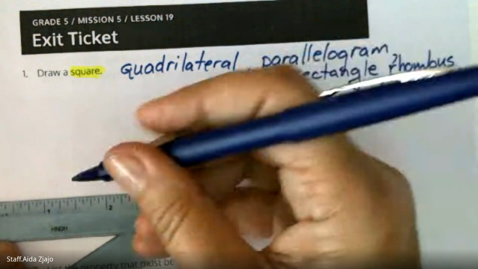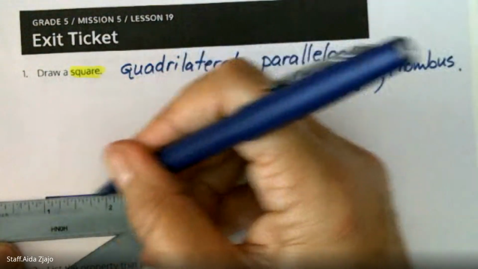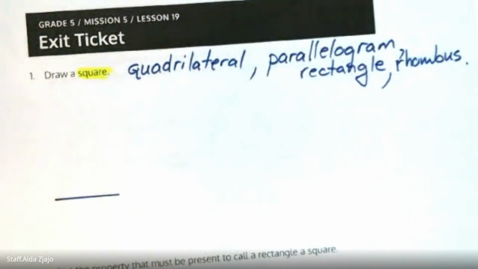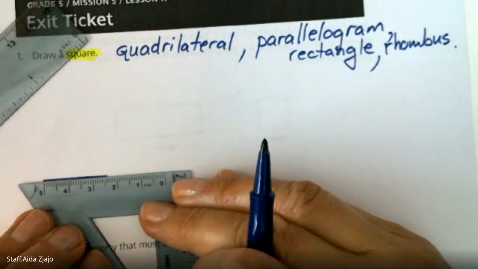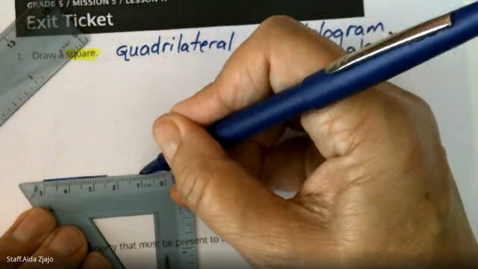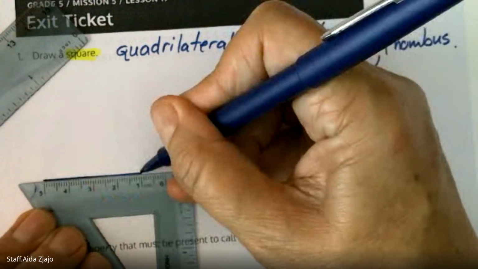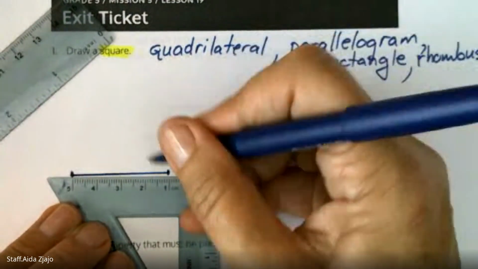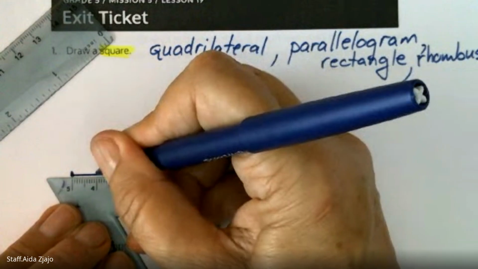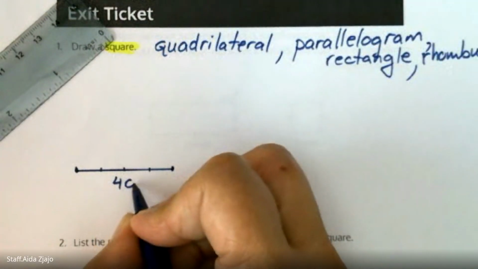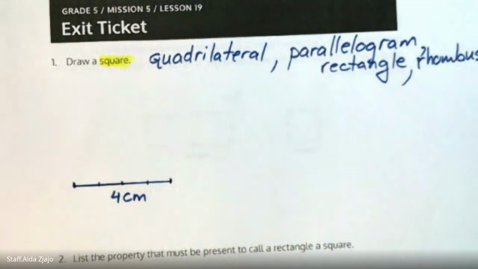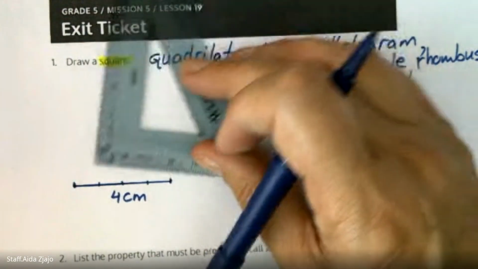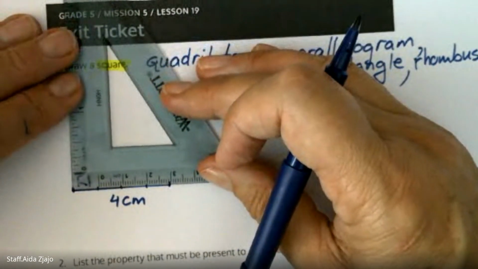side. I'm going to use centimeters. Let's see, I'm going to do 4 by 4 centimeters. So here is 4 centimeters. Can you see it? Okay, there, 4 centimeters. A square has right angles, so that means that is 1/4 of a circle.